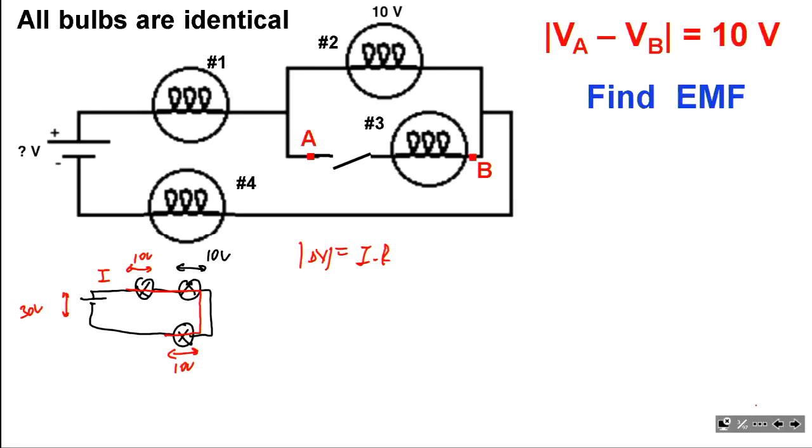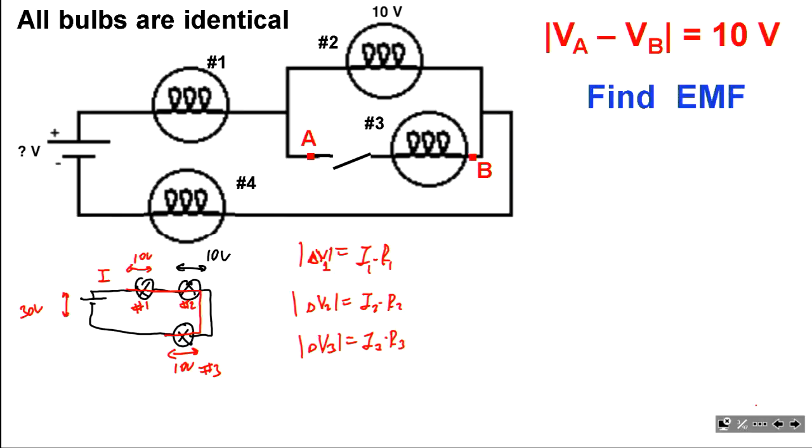Technically, what we should have done is numbering the bulbs 1, 2, 3, and then writing the same equation 3 times, a specific equation for each bulb. Number 1, then delta V2 should be equal to I2 times R2, then delta V3 should be equal to I3 times R3.